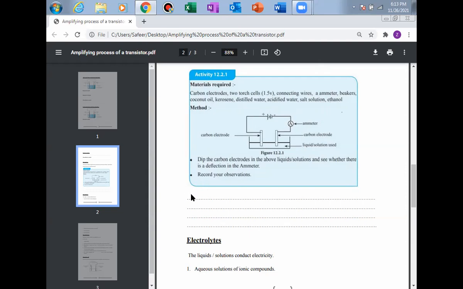So right under this, I left 4 lines. In that you can write.